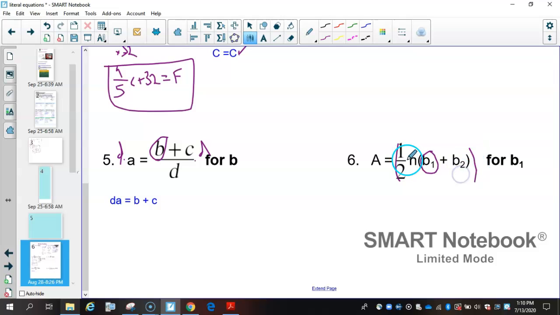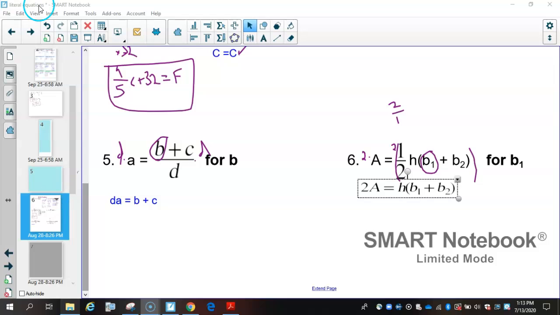The reciprocal of 1/2 is 2 over 1, which is just the same thing as 2. So I'm multiplying this side and this side by 2, and now we're left with 2a equals h times b1 plus b2.